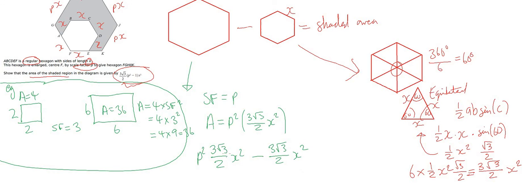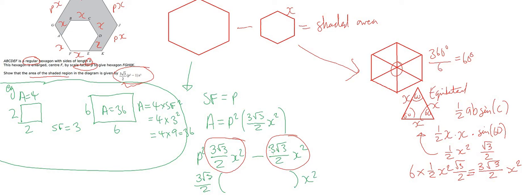Almost there. Okay, because now I can factorize this because 3 root 3 over 2 times x squared is a common factor. So I'm going to take that out and write 3 root 3 over 2.